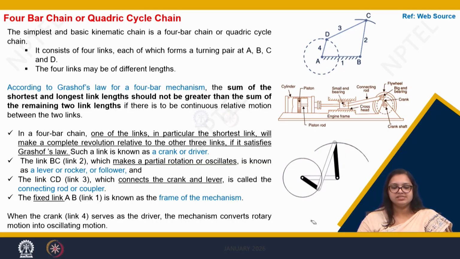What does it tell? The law is given by Grashof, which is known as the Grashof law of a 4-bar mechanism. It tells that the sum of the shortest and longest lengths should not be greater than the sum of the remaining 2 link lengths.